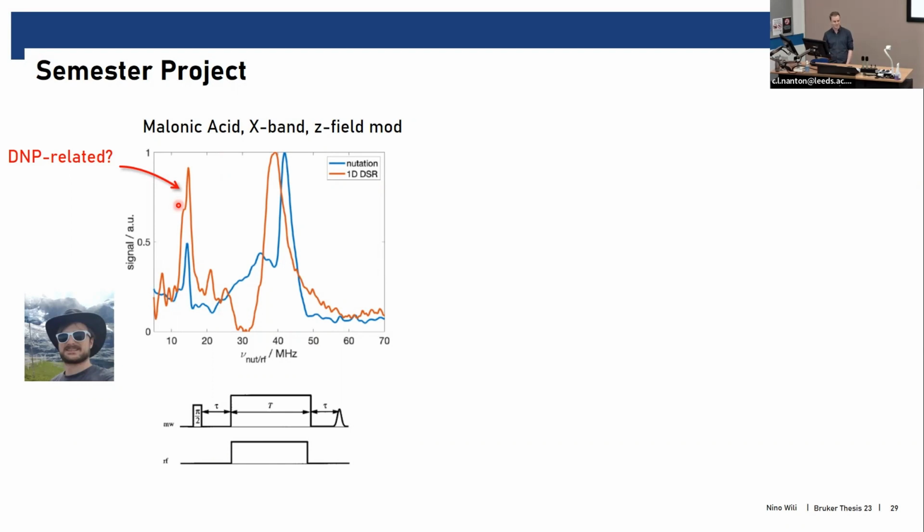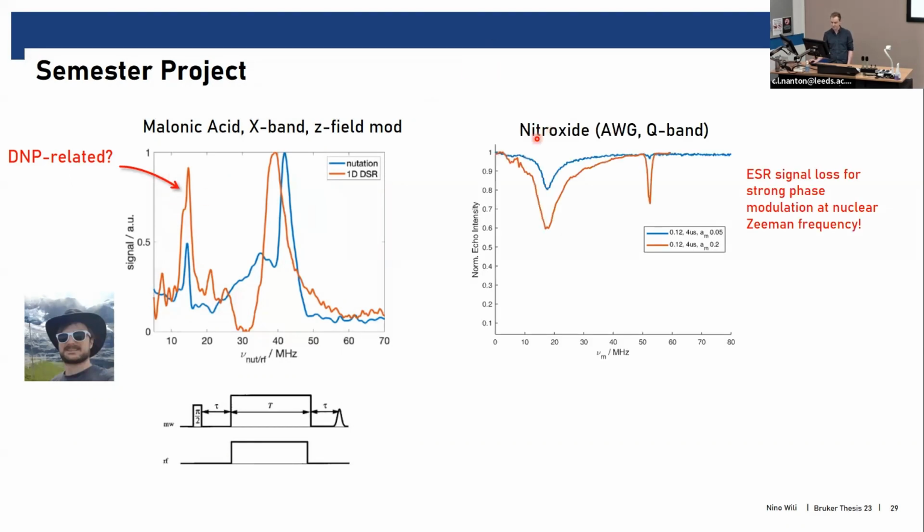So we were just, what the hell is this? And also, if you do it with nitroxide, this is Q-band now, and you do a strong frequency modulation or phase modulation, you also see this drop, and it's at the nuclear Zeeman frequency. And if you lose polarization on the electron, well, it's probably somehow related to polarization transfer to this nucleus.